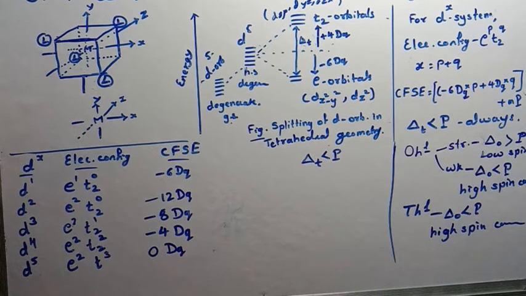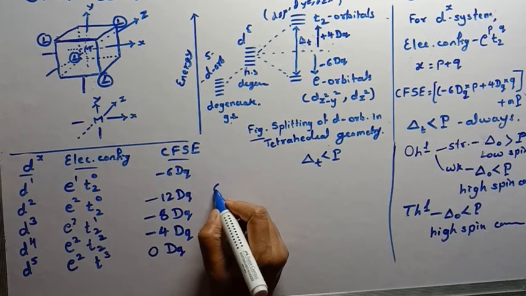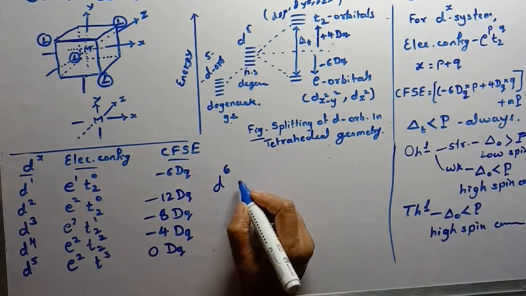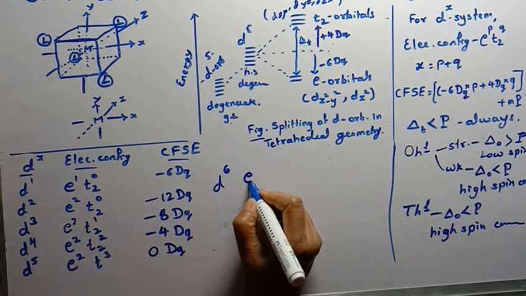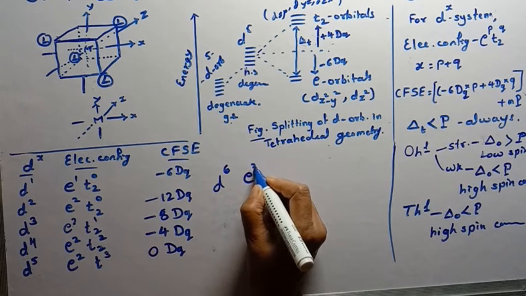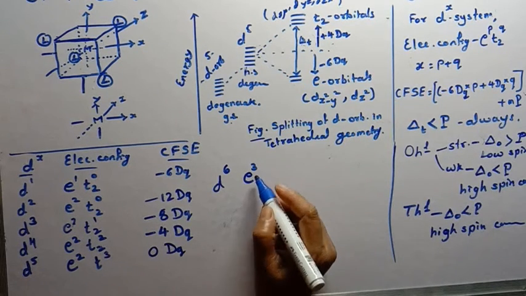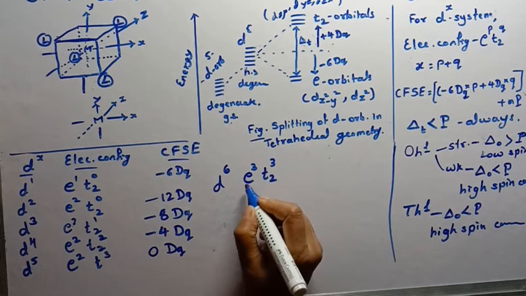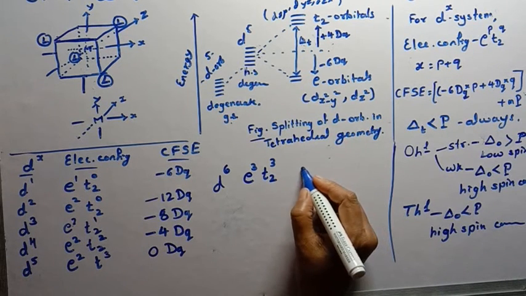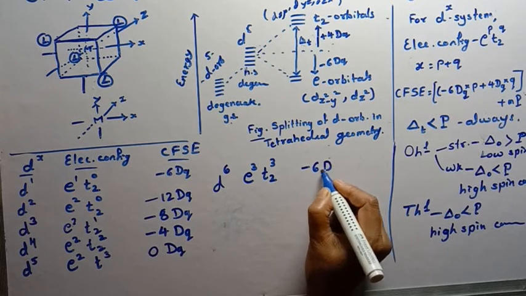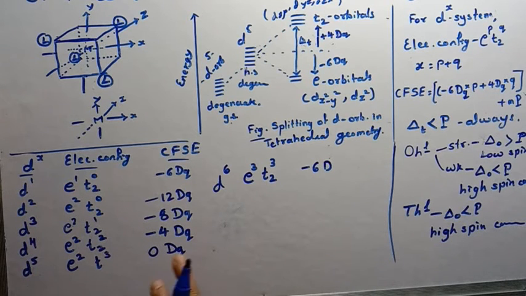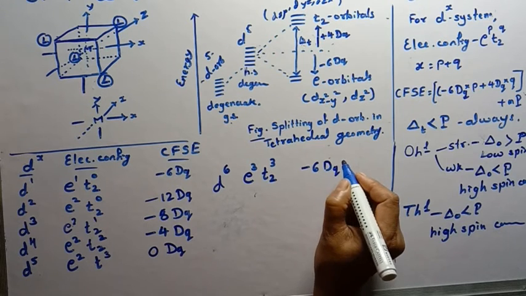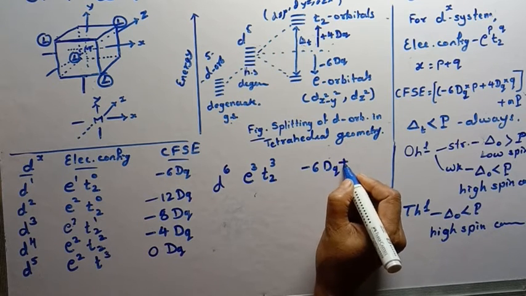Okay. So now with this, we'll go for the next system, that is d6 electrons. Now the electron has to enter the lower energy level. Now it is e3 t2 3. So 3 electrons here means minus 6 is decreased, and in the last case it was 0, and next the electron enters the lower energy and thereby it decreases by minus 6 Dq plus 1 pair of electron.